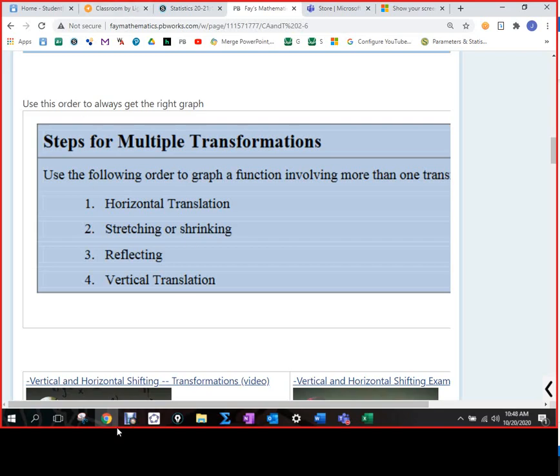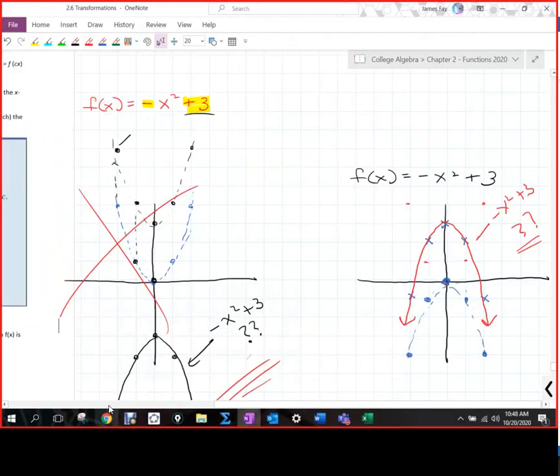If you don't do it in that order, it's okay. It is okay, but here's the idea. So if we did this first here, okay, so we did the vertical translation first here. We moved it up to get this curve right here first, right? Okay. If you do that first, that's fine, but then you don't reflect across the x-axis anymore because the x-axis actually should have been moved up 3 units as well.